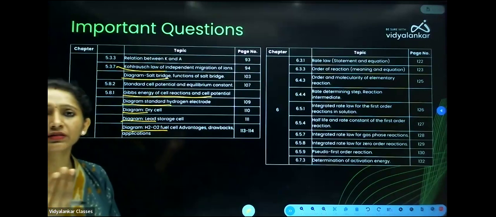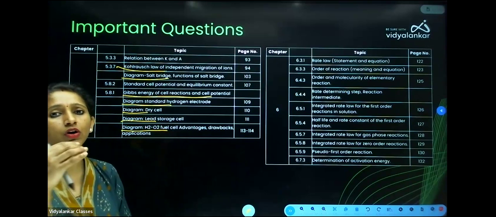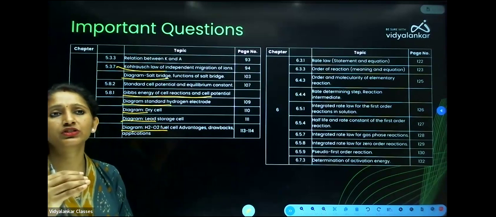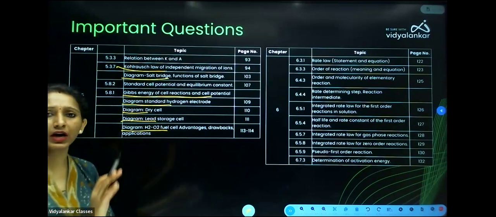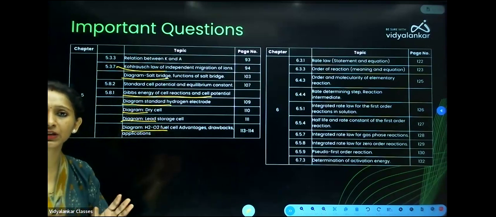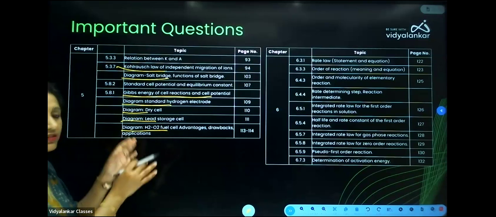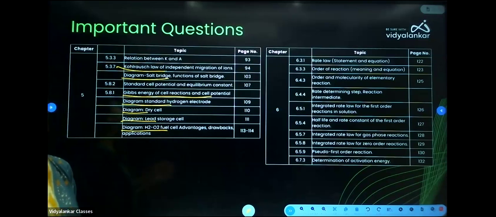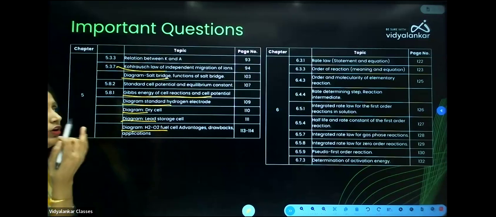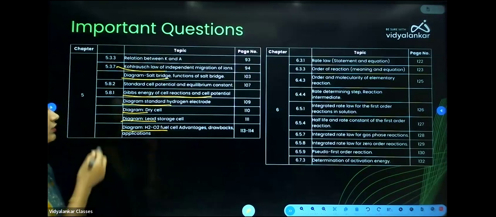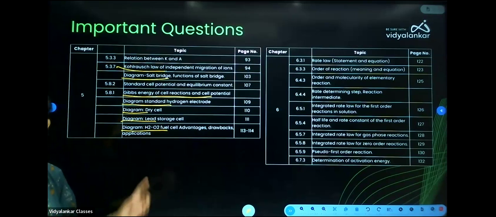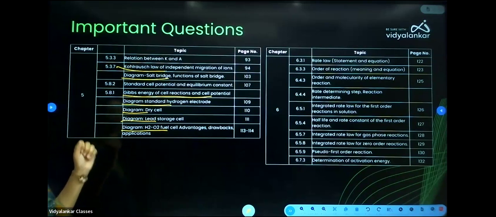So if you are not able to remember all the half cell reactions at the cathode and anode for each cell, try to practice the diagrammatical representation of the given cells, as well as the complete cell reaction. Fine, so this is chapter number 5, electrochemistry.